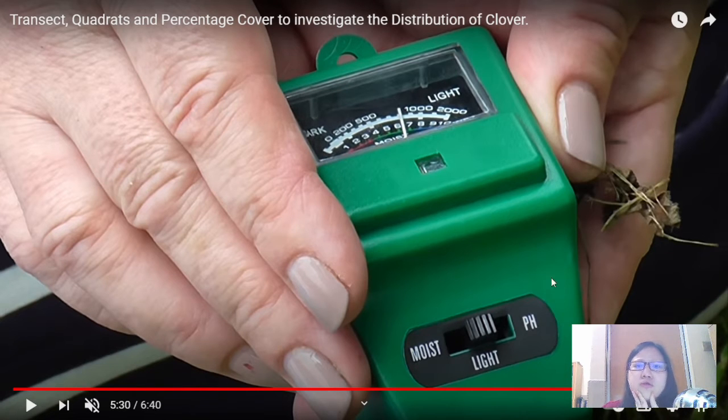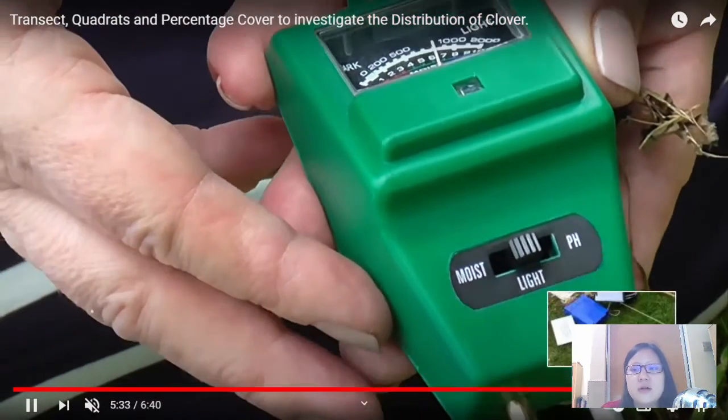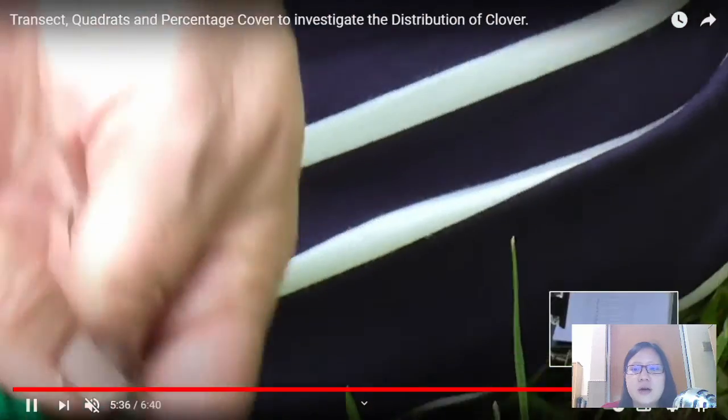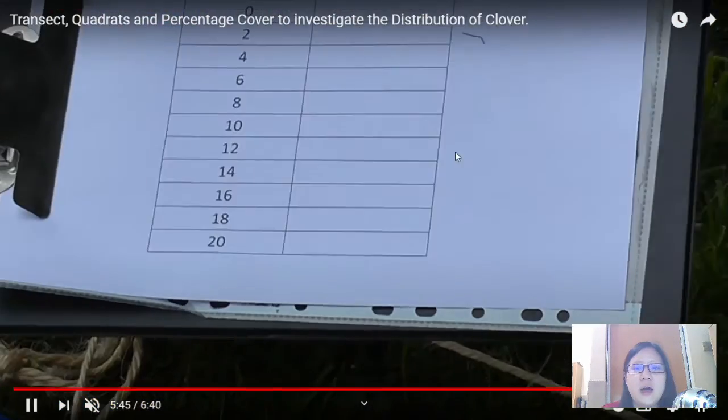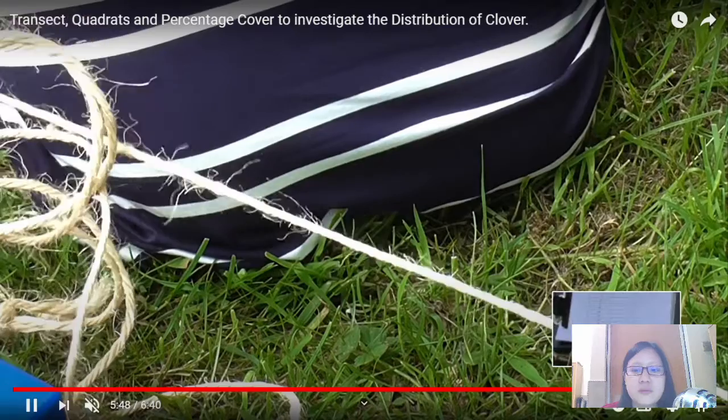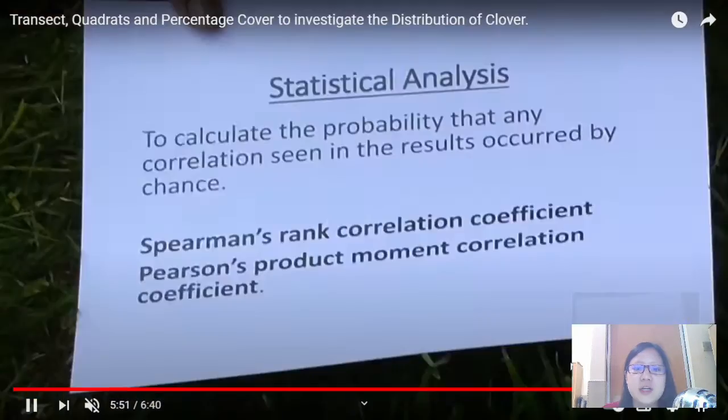All three together, depends on how you flick the switch, and that's pretty cool, right? They want to measure those things as well to make sure that the clover distribution is really affected by the tree and not really the other factors surrounding it. So yeah, they collected those data as well, but of course the main thing is really still looking at the distance from the tree.